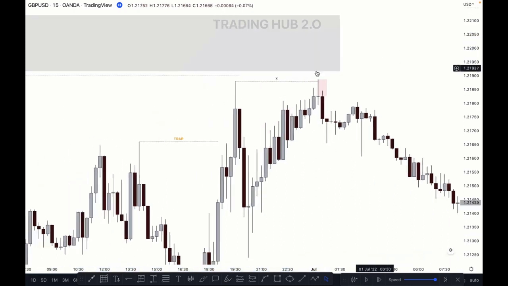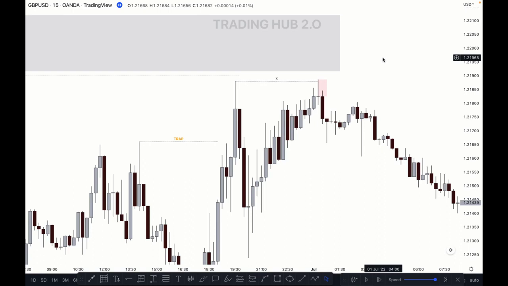If they know all the liquidity is available here, they take out the liquidity and push downside. And how can we take advantage? Price must take out this high and close below it. So mark this zone. This is our zone where we can take advantage for the sell.